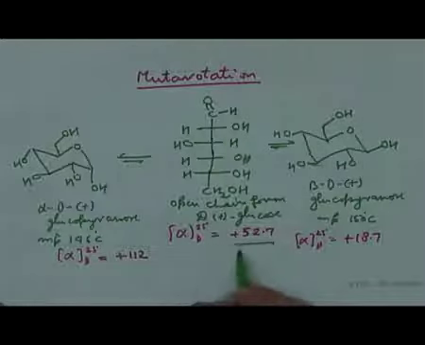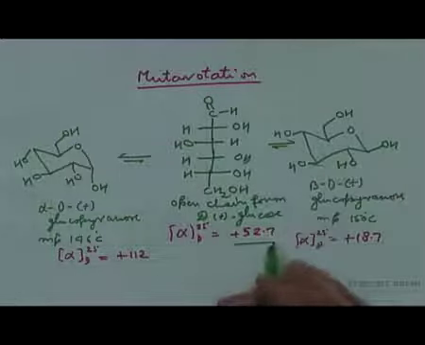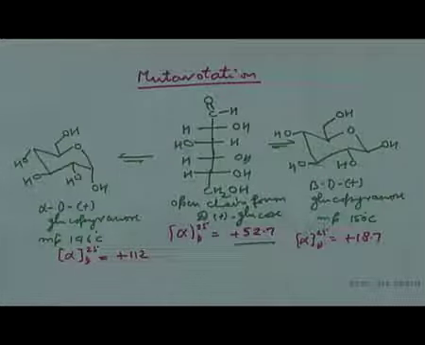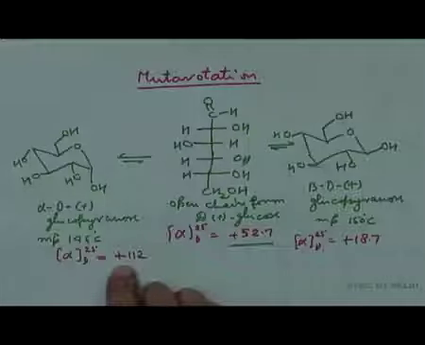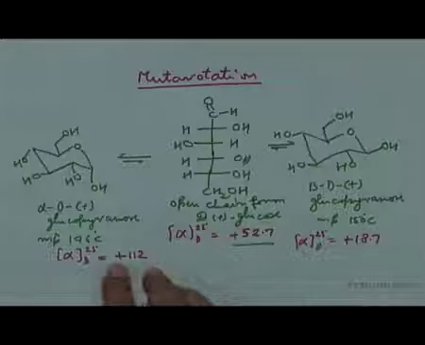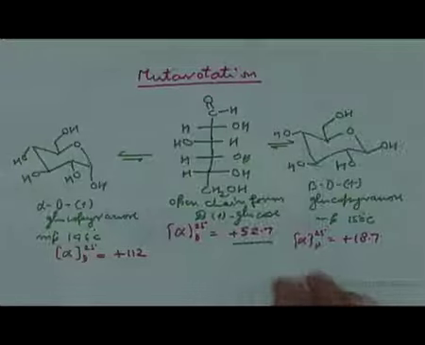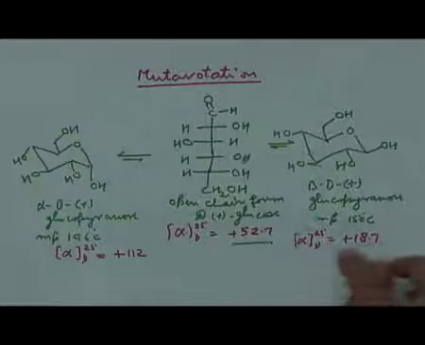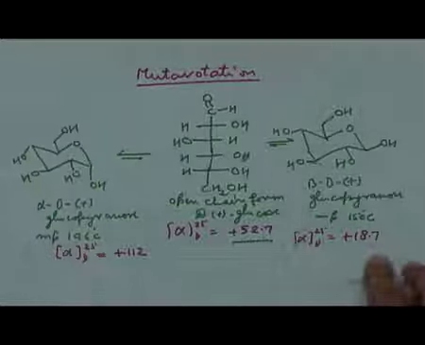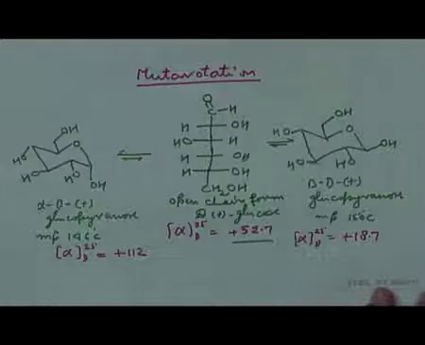This is the normal D-glucose which I have represented in the open chain form, which gives 52.7 as the specific rotation. So, a solution of ordinary D-glucose has an initial specific rotation of plus 112. It decreases until it reaches plus 52.7, or a pure solution of beta D-glucopyranose which has a specific rotation of plus 18.7 increases until it reaches 52.7.